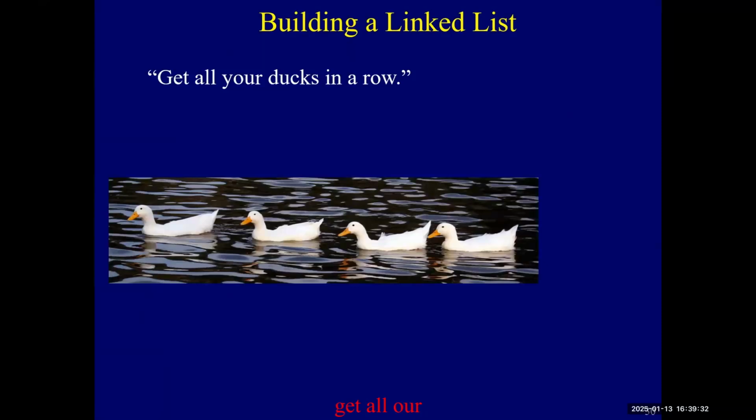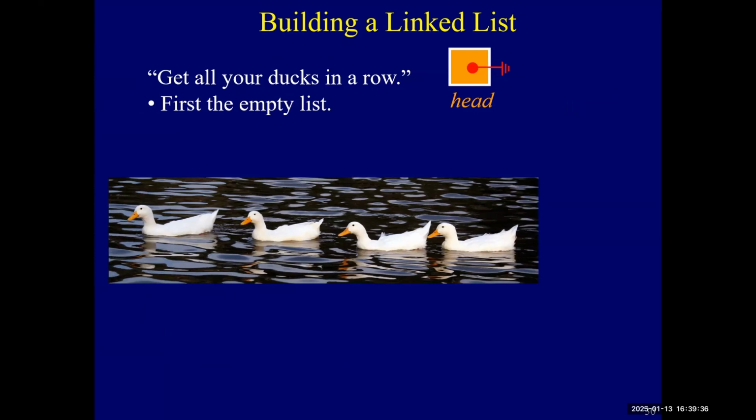Right. So we've got to get all our ducks in a row. My favorite number is 0, right? So you want to think about what is the list with 0 elements in it.